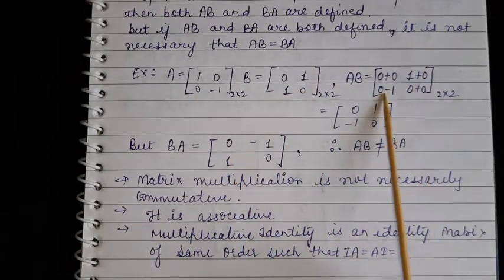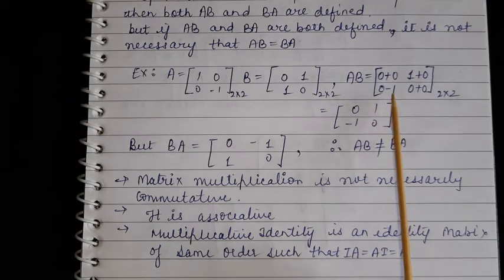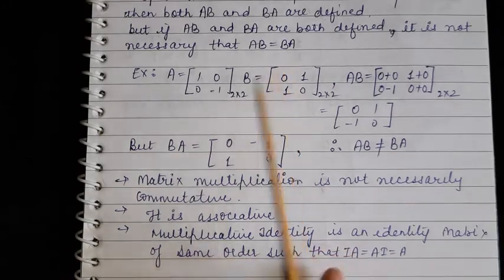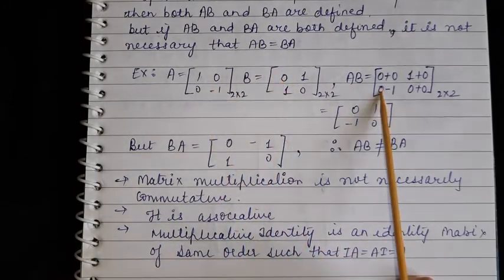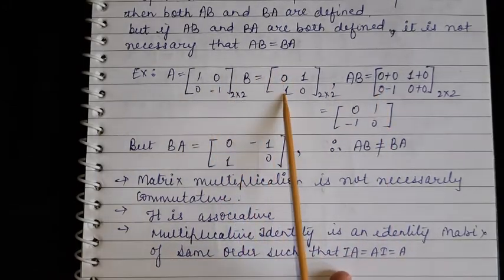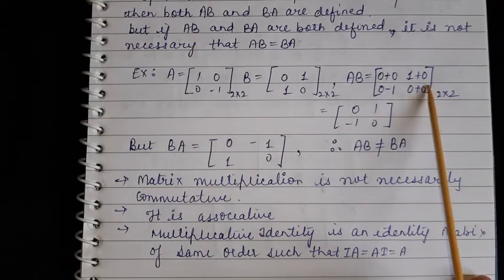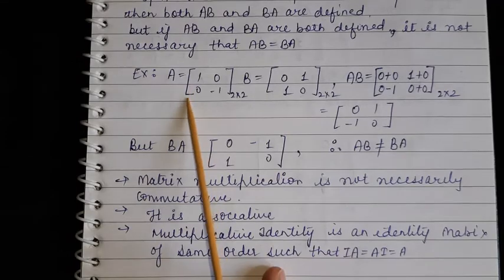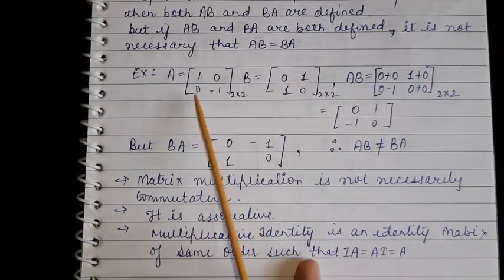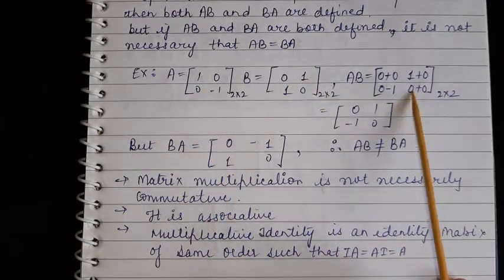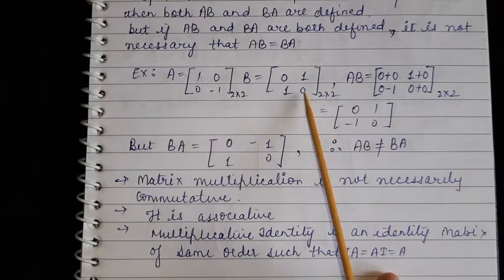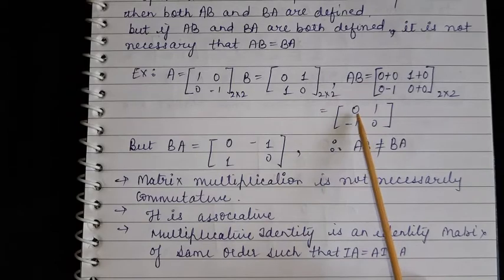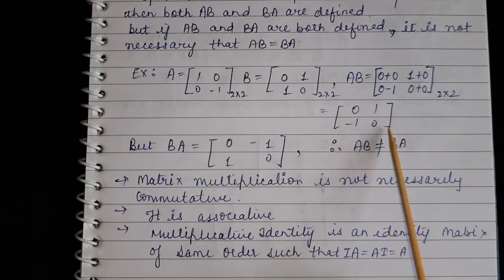Now your third element is A21, which means second row, first column. So 0 into 0 is 0, and minus 1 into 1 is minus 1. And the last element is A22. So we will take the second row from here and the second column from here. 0 into 1 is 0 and minus 1 into 0 is also 0. So AB comes out to be 0, 1, minus 1, 0.